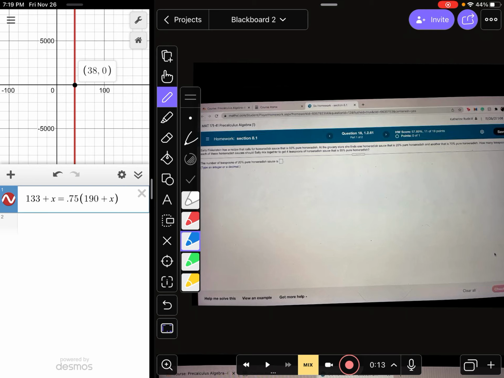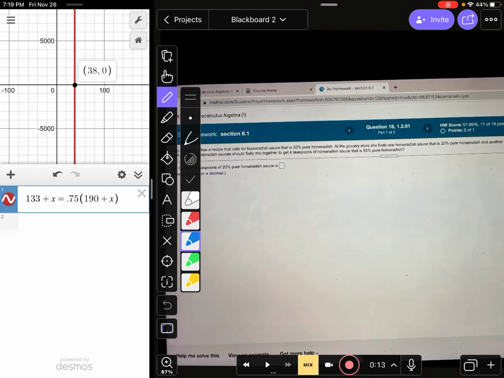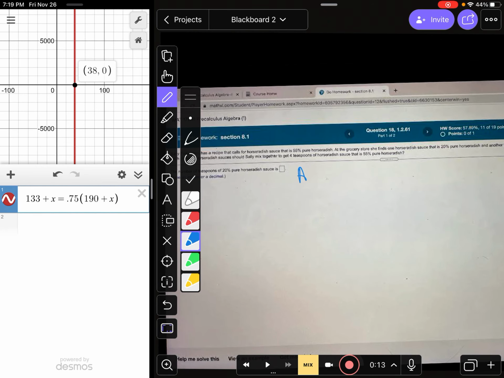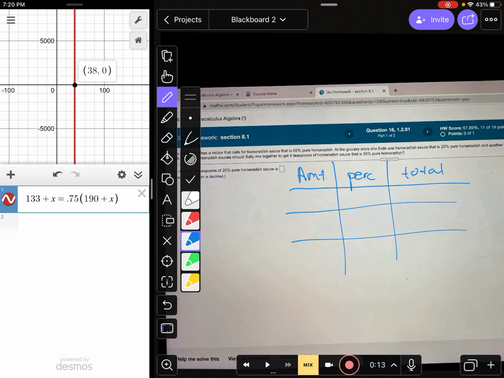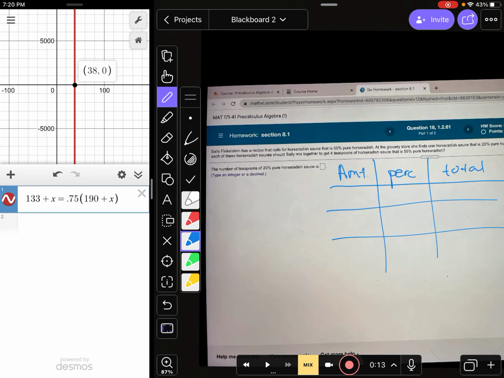I'm going to set up the same sort of table that I did in my last problem. We kind of zoom in a little bit. Yeah, there we go. I'm going to go amount times the percentage equals the total. You don't have to do this, but tables kind of help keep everything straight. So let's read through our problem.